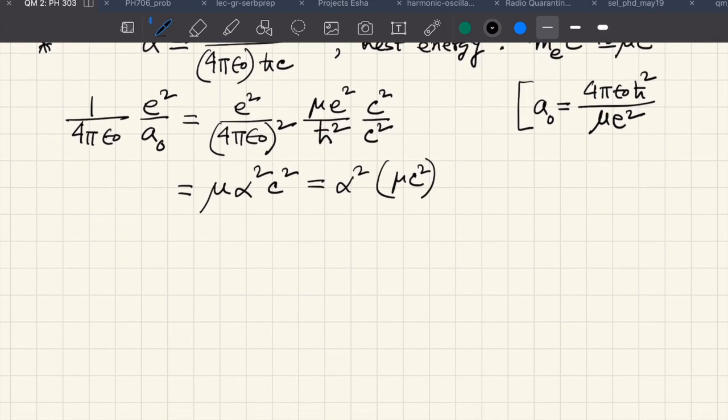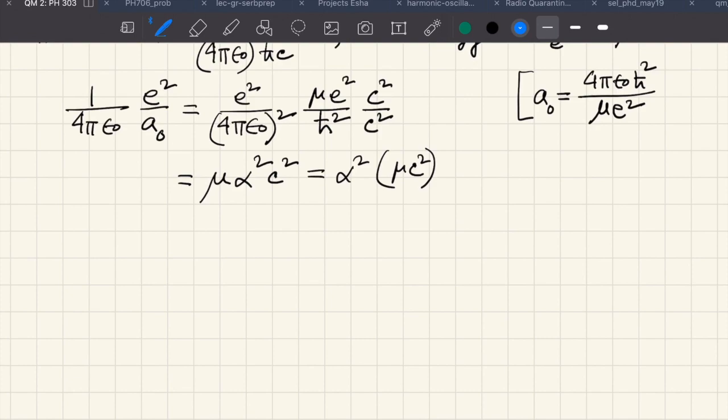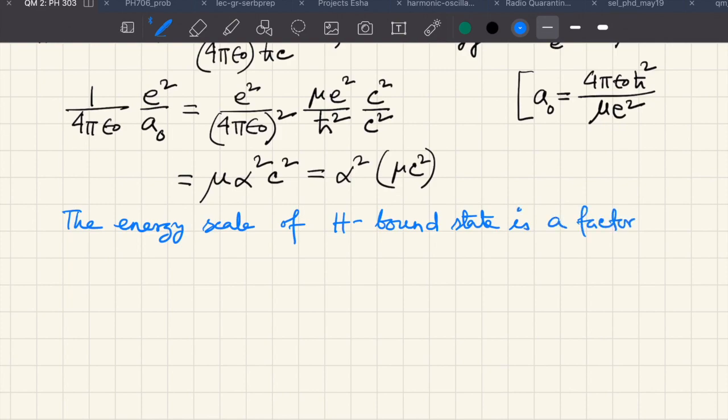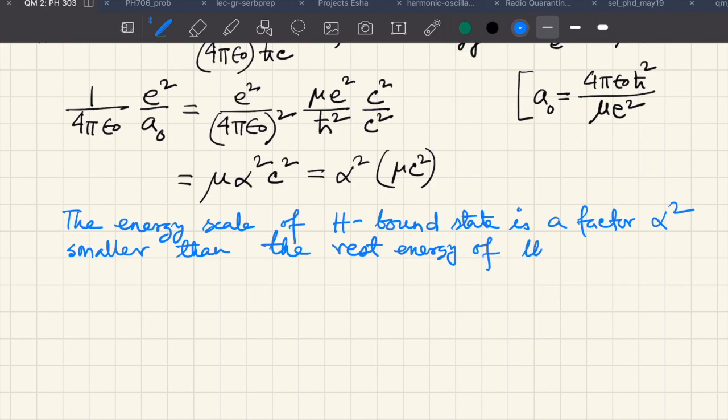So therefore, what does it tell us? It tells us that the energy scale of the hydrogen bound state is a factor alpha square smaller than the rest energy of the electron.